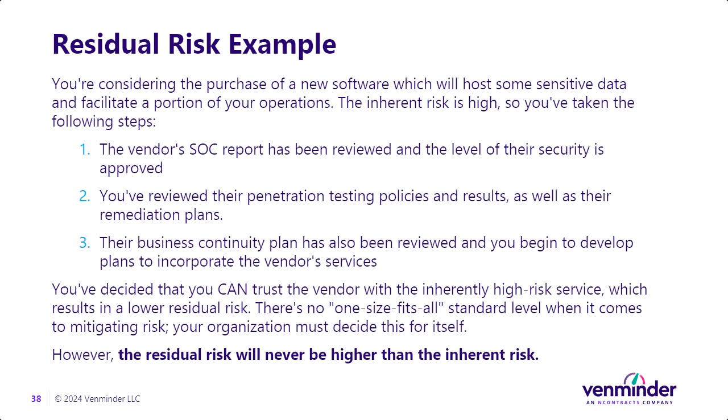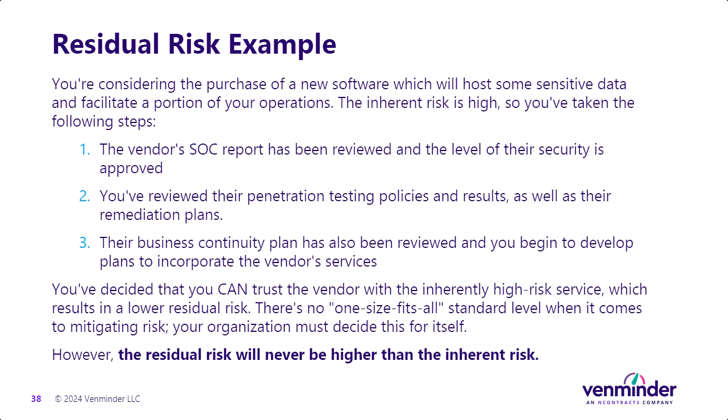Let's take a quick look at an example. You're considering the purchase of a new software which will host some sensitive data and facilitate a portion of your operations. The inherent risk is high, so you've taken the following steps. The vendor's SOC report has been reviewed and their level of security is approved. You've reviewed the penetration testing policies and results, as well as their remediation plans. And their business continuity plan has also been reviewed, and you begin to develop plans to incorporate the vendor services after those reviews that you've done.